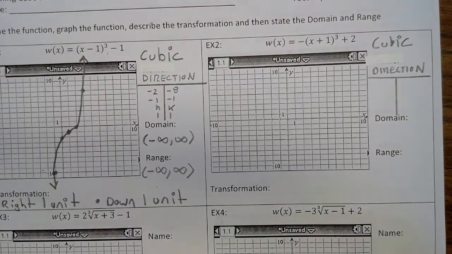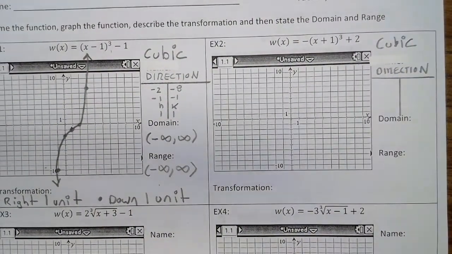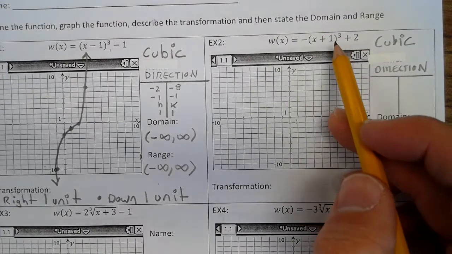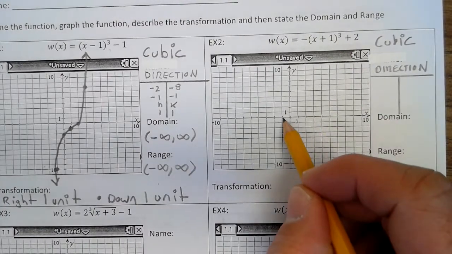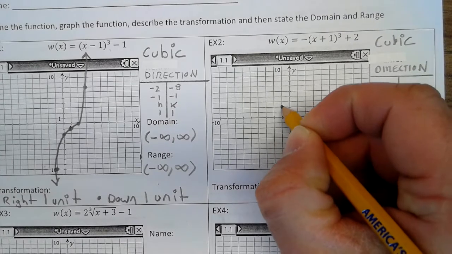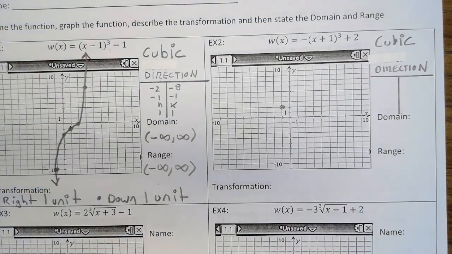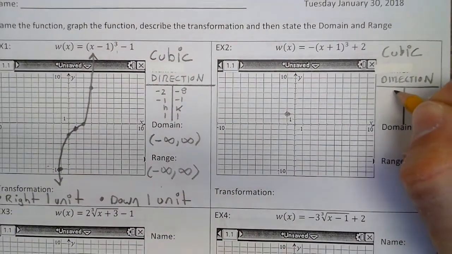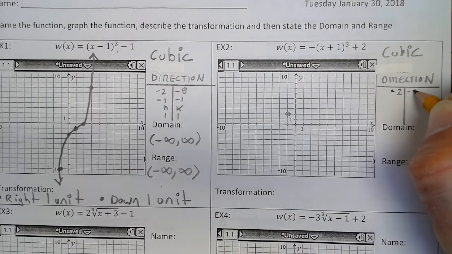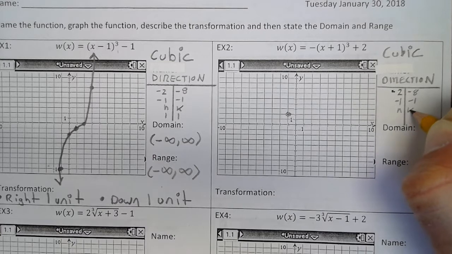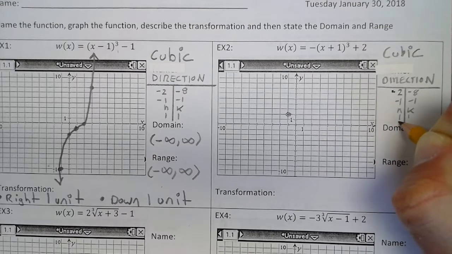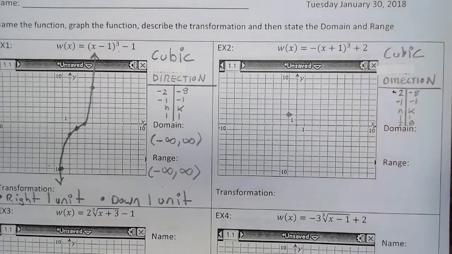All right, so again, before we do that, move the vertex. So that's +1, so we go left 1 and then up 2. There's your new vertex. Again, we graph by direction, so -2, -8, -1, -1, HK, 1, 1, 2, 8.